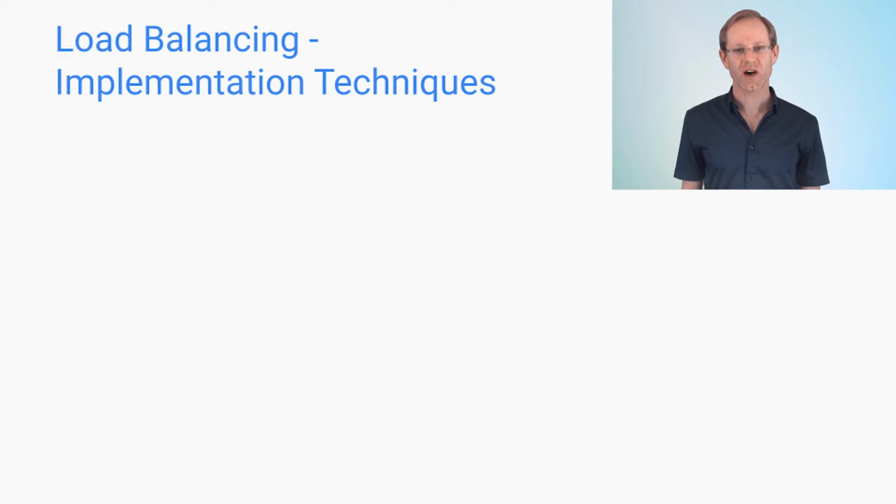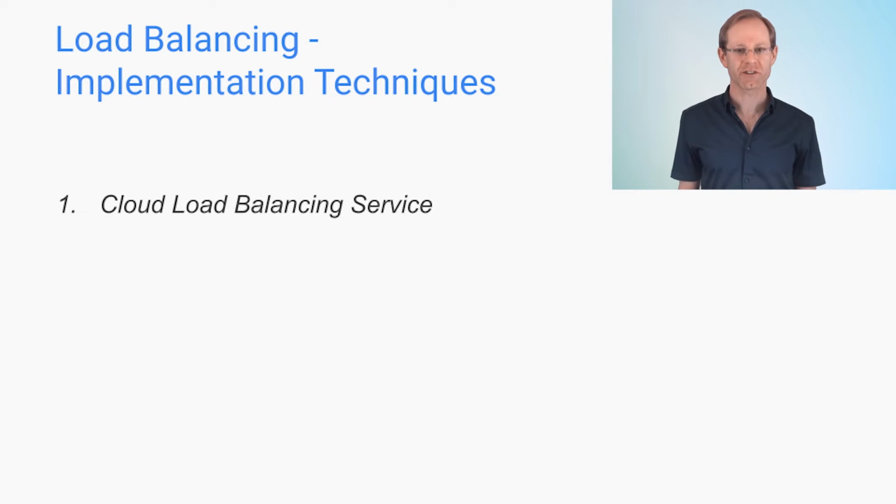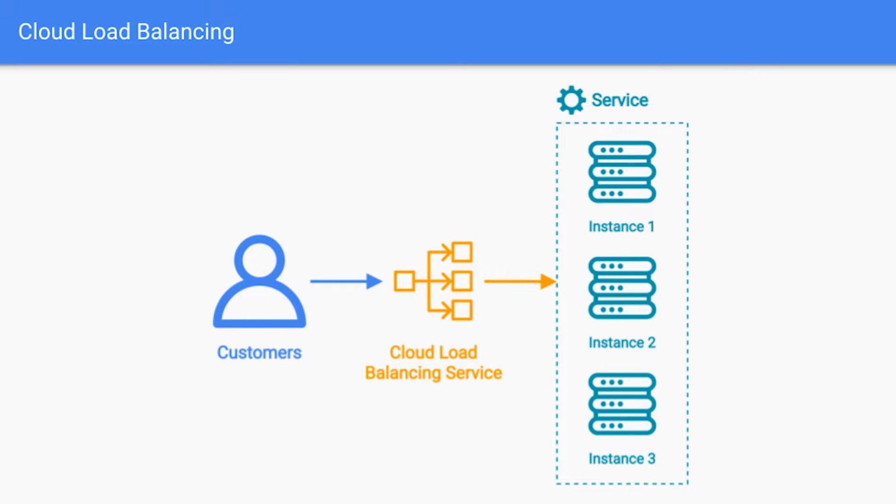So now that we understand the fundamentals of load balancing as a pattern, as well as some of its use cases, let's talk about two general techniques we can implement this pattern. The first one is by using a cloud load balancing service. This is a special cloud managed service whose entire purpose is to accept a high load of network requests and route them to our backend servers.